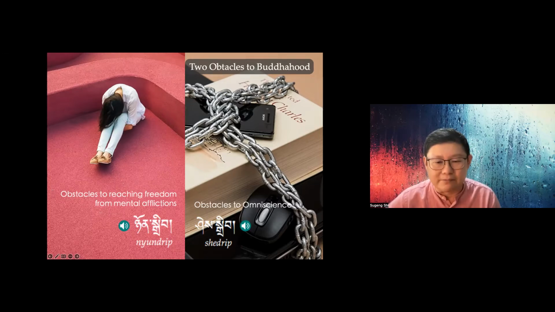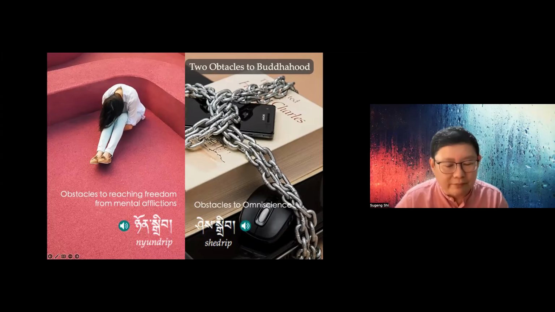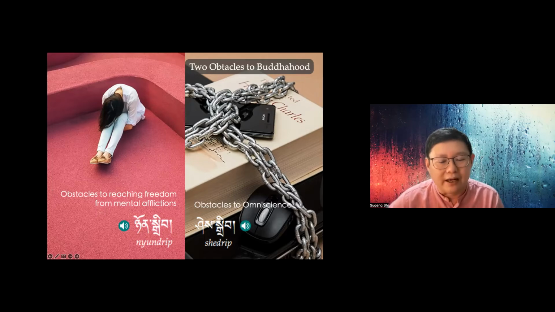It is upgraded already with fresh content, and when you learn properly, you will be able to get rid of the bad habits, and these bad habits are the precursor to addictions. All right, and of course the second one, obstacles to omniscience.